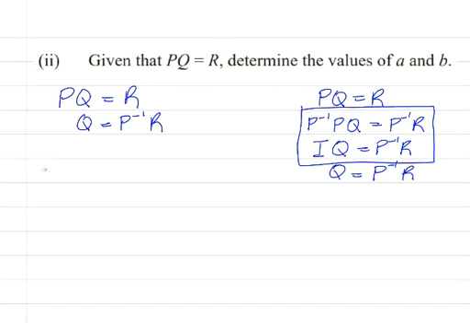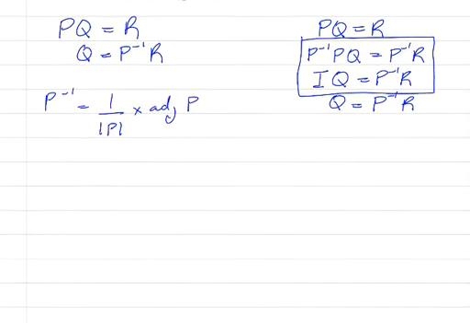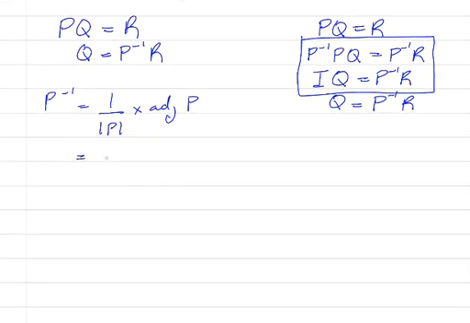Now, P inverse is equal to 1 over the determinant of P times adjoint P. We just found the determinant of P, so this is minus 1 over 5 times adjoint P. Now, P, if you remember, is the matrix [-1, 2; 0, 5].